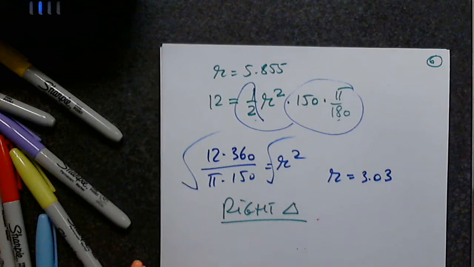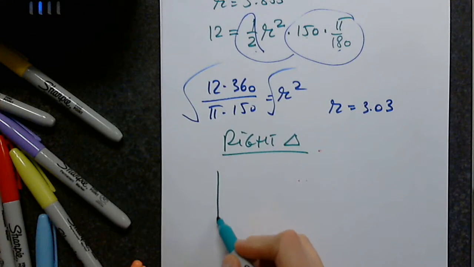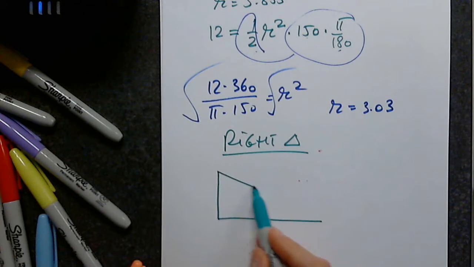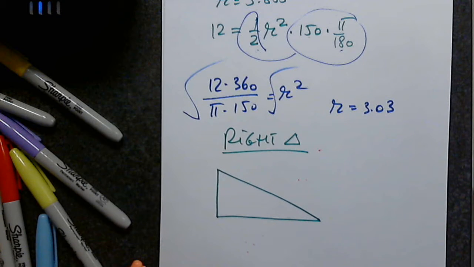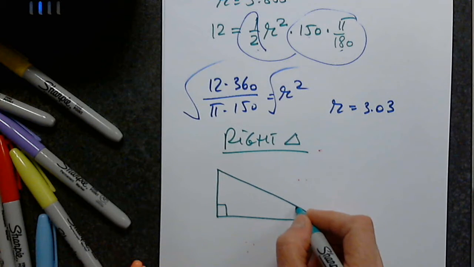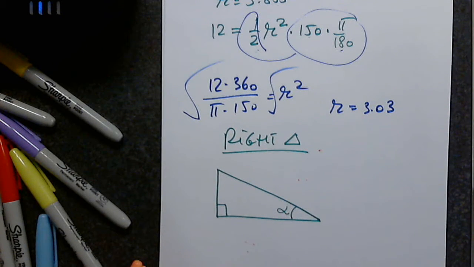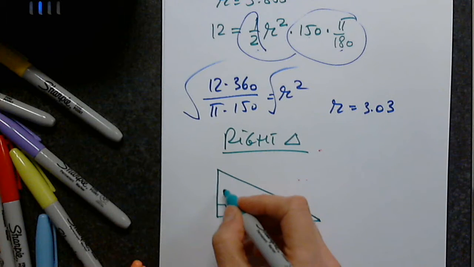Okay, so let's look at a right triangle. This is the 90-degree angle. This is angle alpha. Can anyone tell us what this will be?